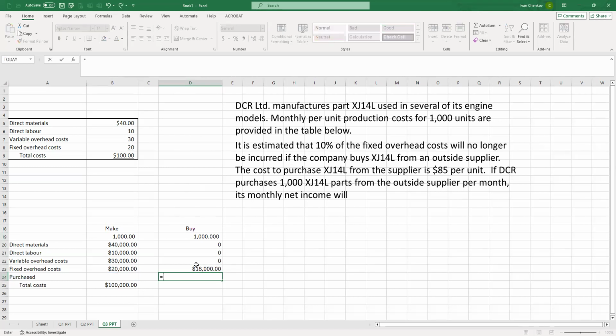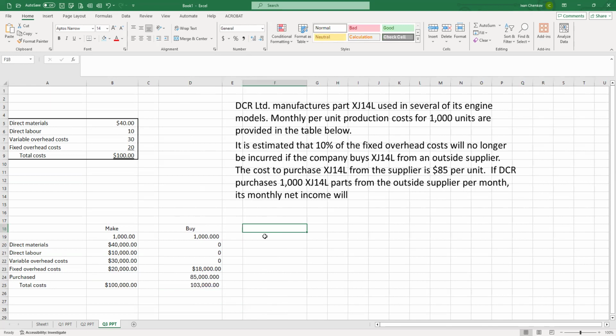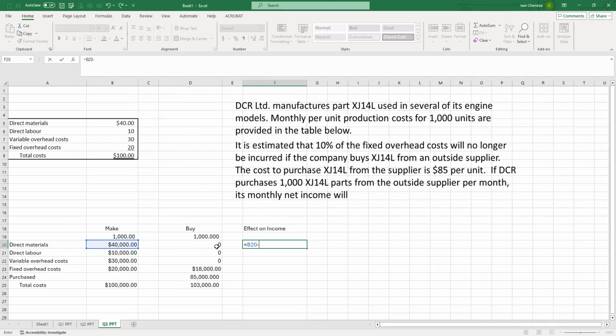18,000 is going to stay with me, plus I have to pay 1,000 times 85, right? So now, how much will be my total cost? Can you see it? Yes. So what will be my effect on the income? It's better to buy. Once I get this one, it's equal to this one minus that one.